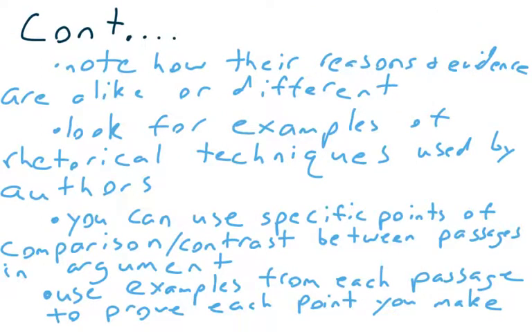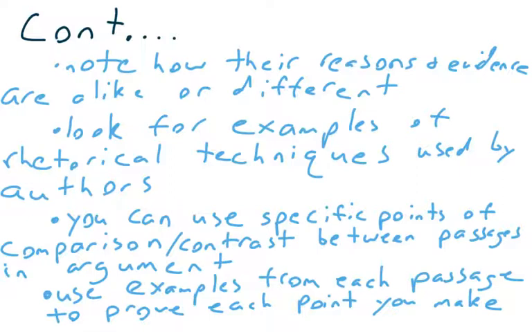One thing you want to do when you're reading the articles for maybe the second or third time is note how their reasons and their evidence are alike or different. What are things that are similar? What is different? As you note how their reasons, their opinions, are different, and what different types of evidence they use, look for examples also of rhetorical techniques.